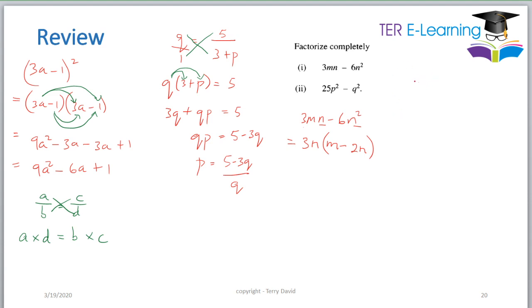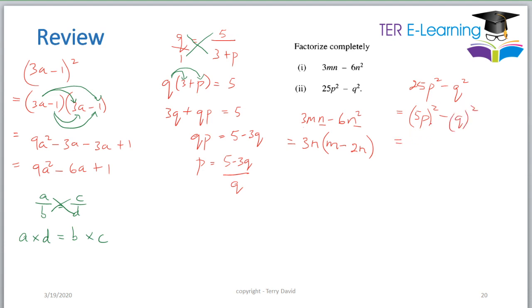Then for part 2 now we have 25p squared minus q squared, and now if you look at this, we have a minus sign, and the 25p squared is a square variable and the q squared is also a square variable. So we can write that as 5p squared minus q squared.